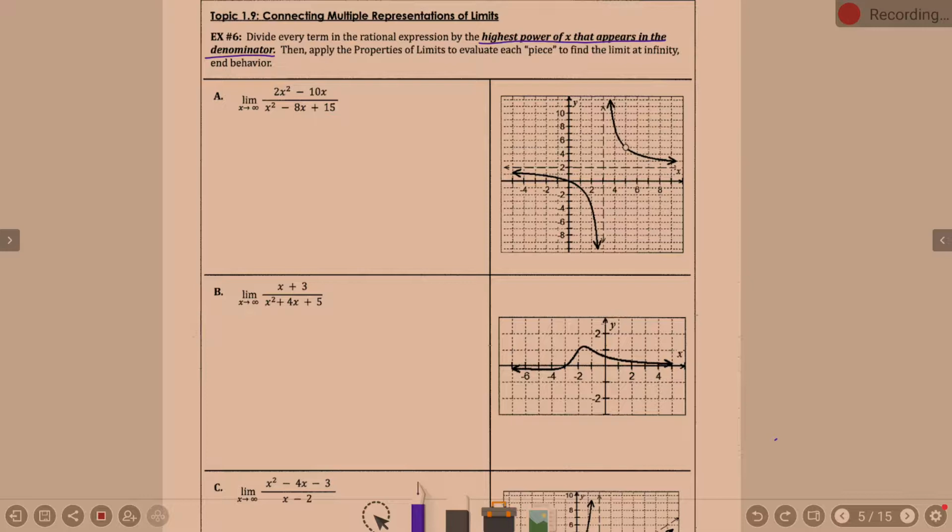You're going to notice this goes along with those pre-calc rules we were just talking about with powers, but this is more the calculus term. So, divide each term by the highest power in the denominator. That's what we're going to be doing.